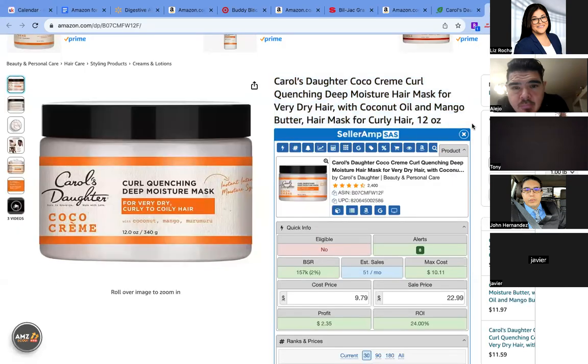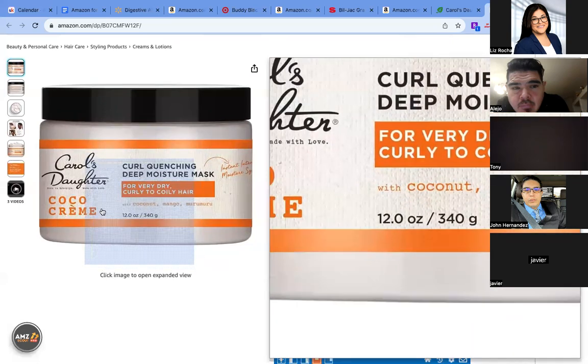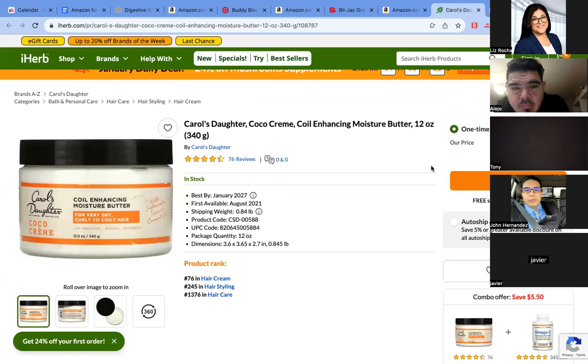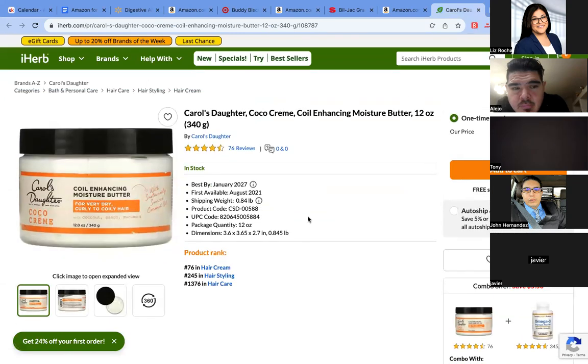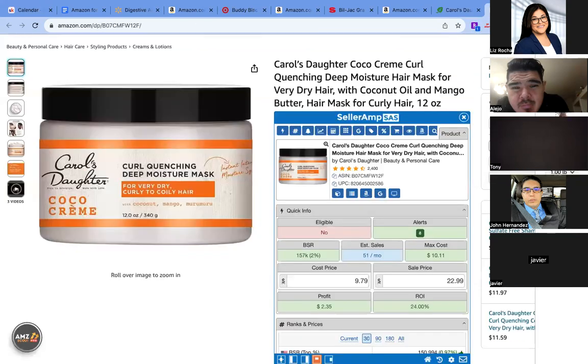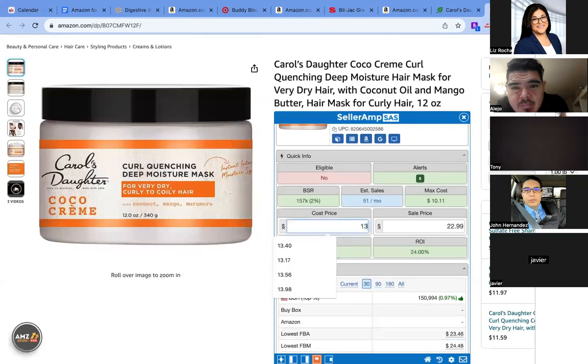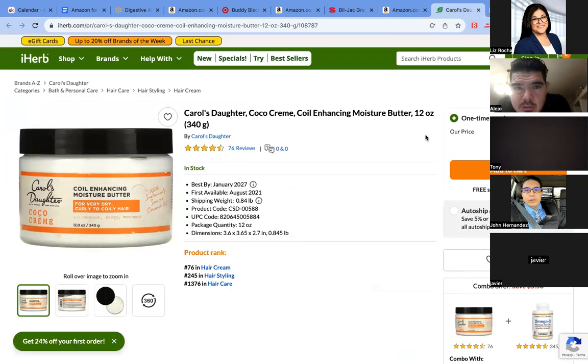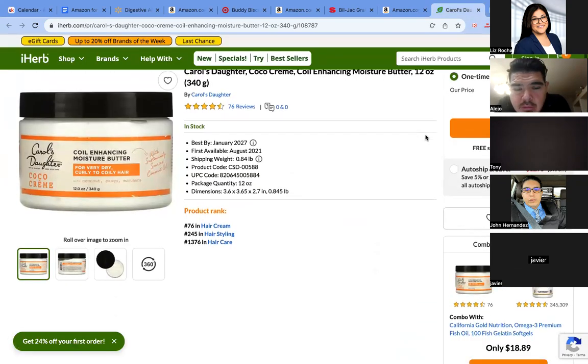If they match, the size, flavor, cream. Yeah, same. And then once you find out if they're the same, you plug in the cost on your seller amp. So 1342. I think this one is negative. So 1342. And then I usually look for discount codes.